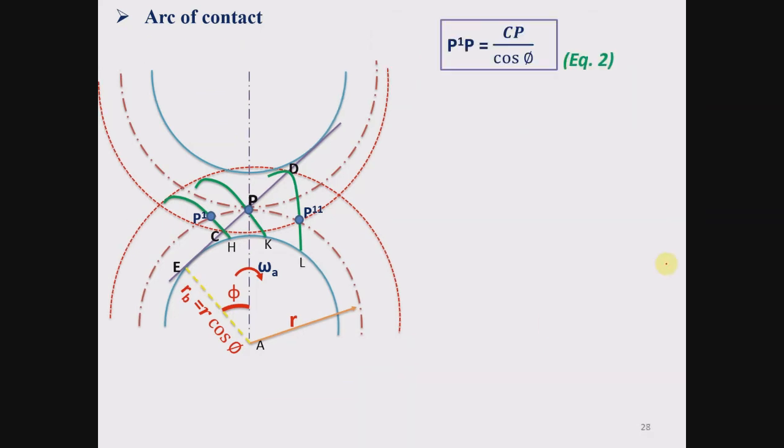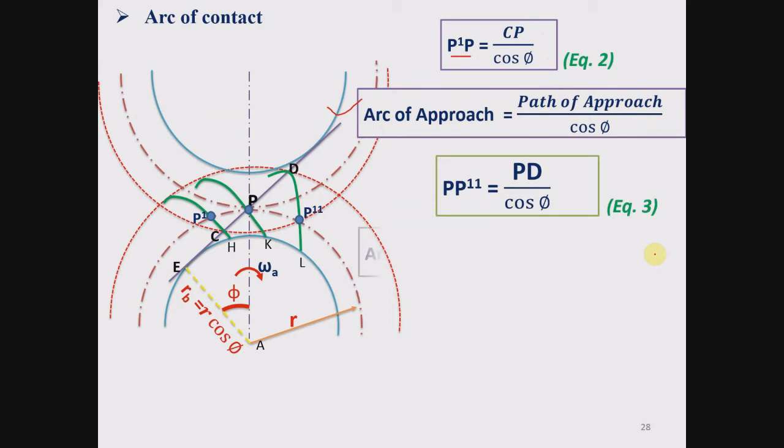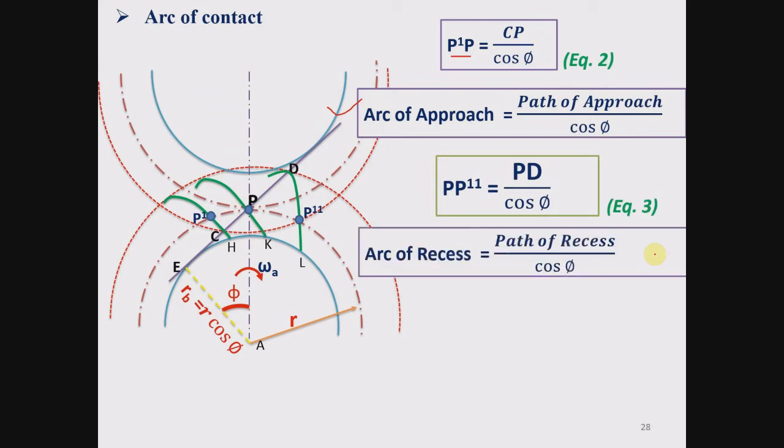So we will summarize the equations. First equation, arc of approach, which was P dash P, is equal to Cp upon cos of phi. So arc of approach is equal to path of approach upon cos of phi. Next, we have determined the arc of recess, which is equal to path of recess upon cos of phi.